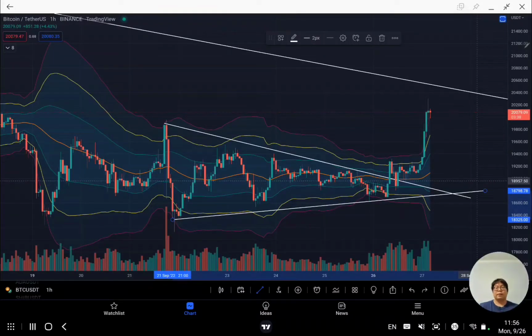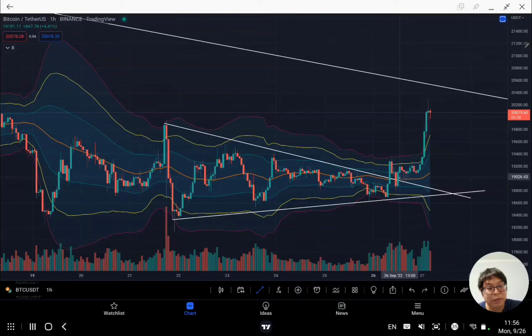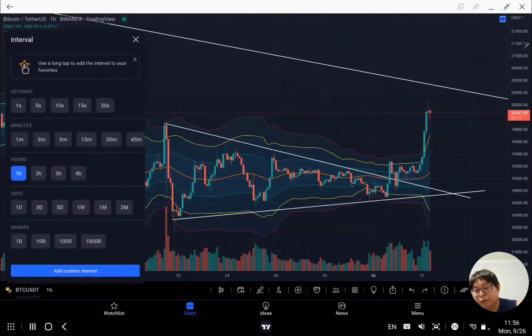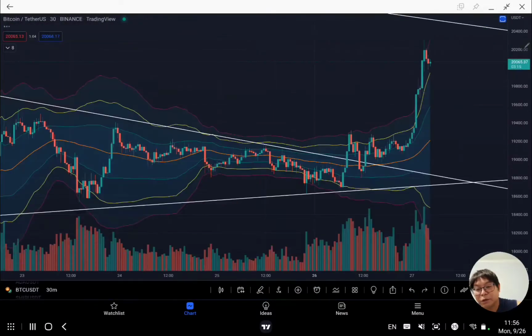As you can see, somewhat of a symmetrical triangle. And what happened was we broke up and then went back down to retest that level and then bounced and went up, right?